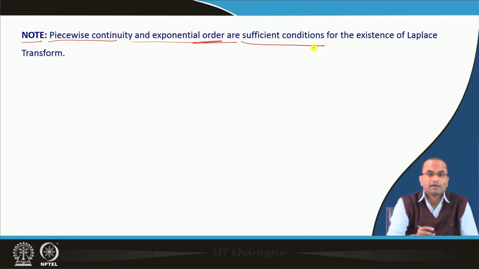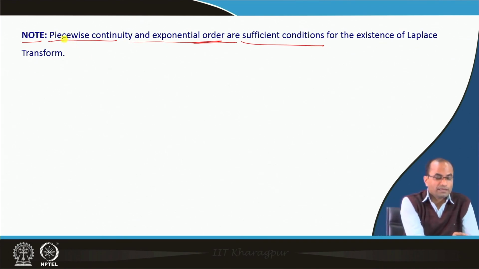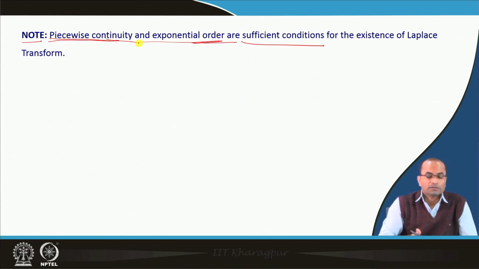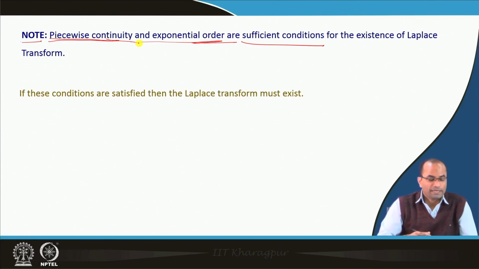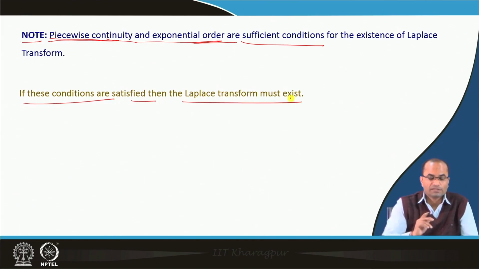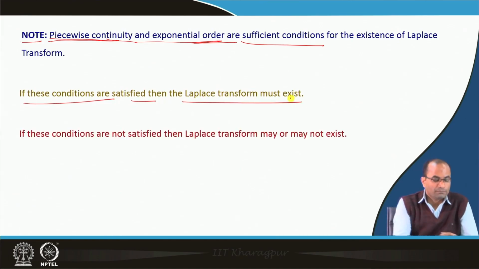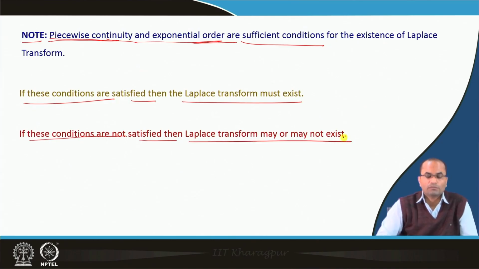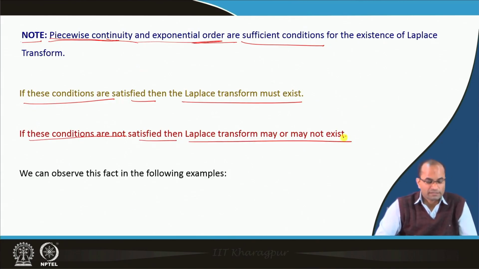But there are functions which are not piecewise continuous or not of exponential order, and still the Laplace transform may exist. So, if these conditions are satisfied, then the Laplace transform must exist. If these conditions are not satisfied, then the Laplace transform may or may not exist.